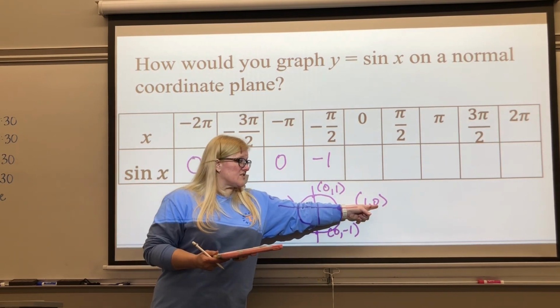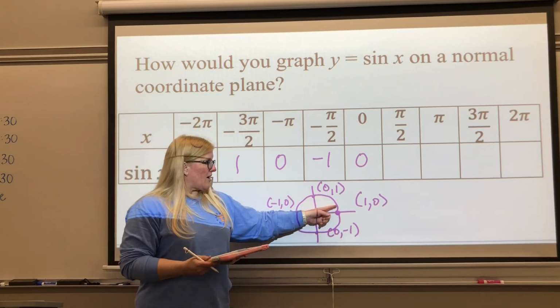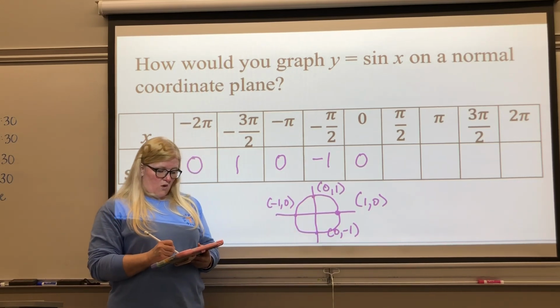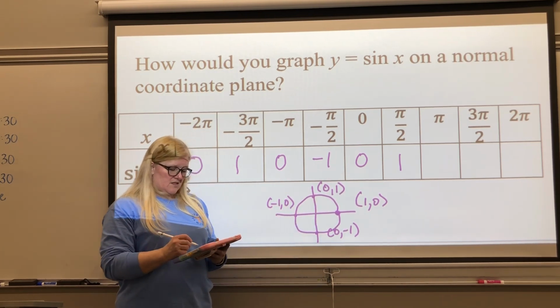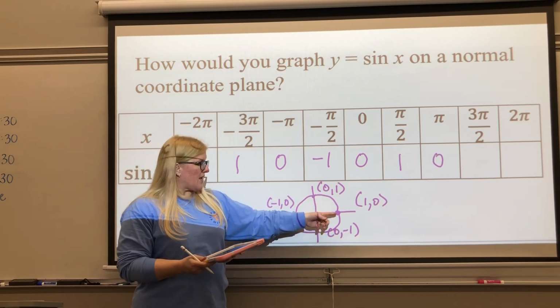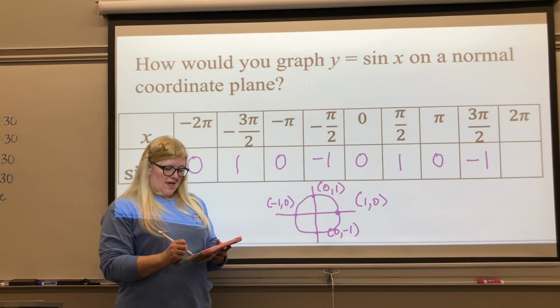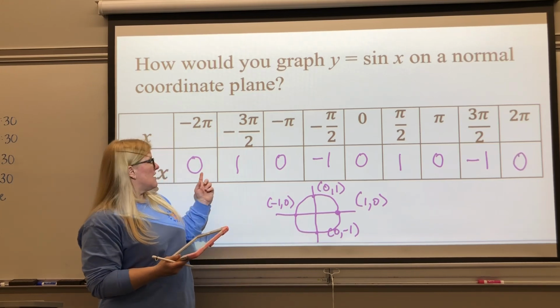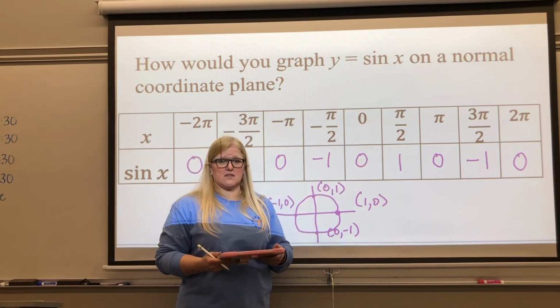Sine of 0 is 0. Pi over 2 is 1. Pi is 0. 3/2 pi is -1, and then 0. So hopefully you see the pattern, 0, 1, 0, -1, and then it repeats.